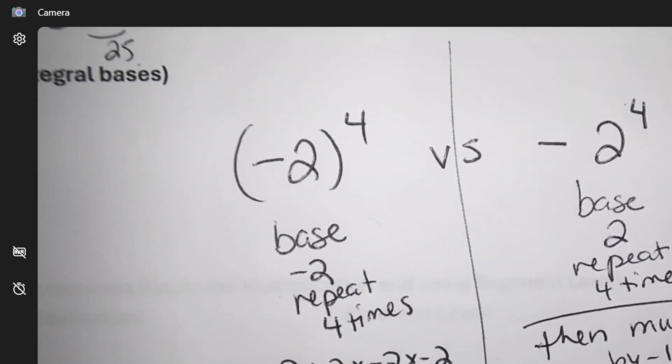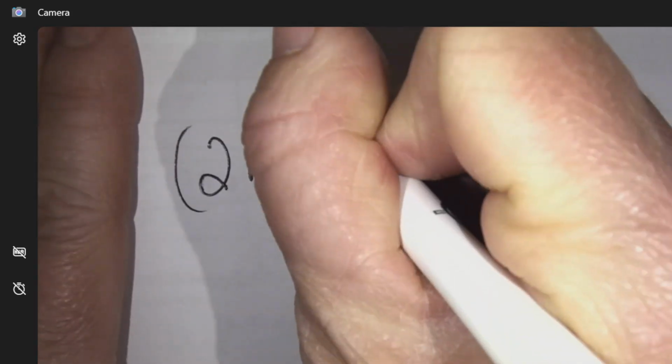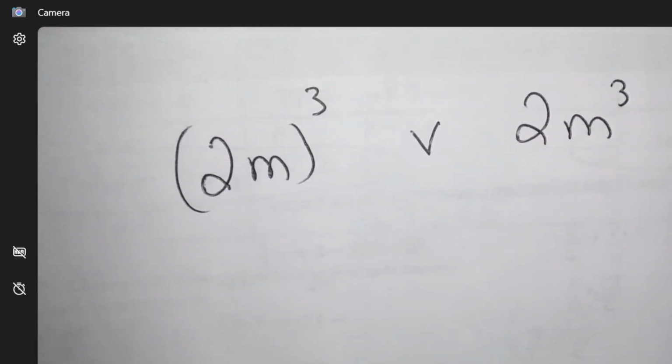Okay, can I show you a different example too? Can I do one more example and then you can see if this question still exists? These are different questions.